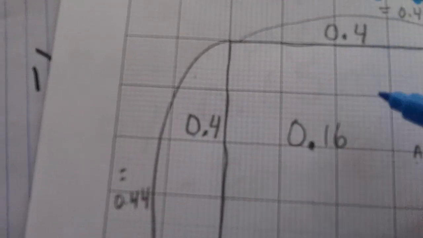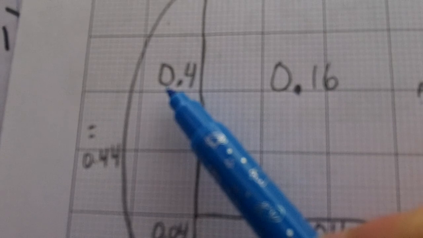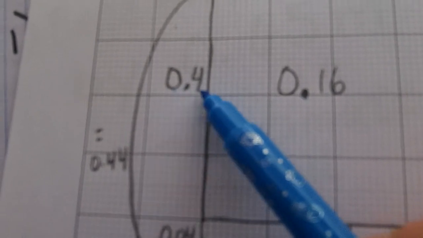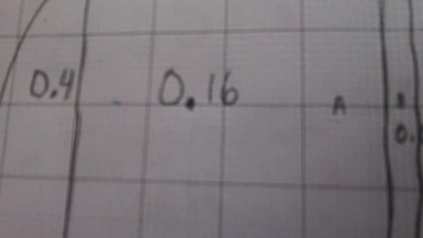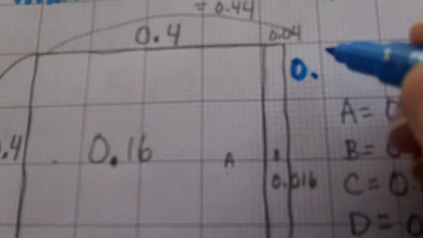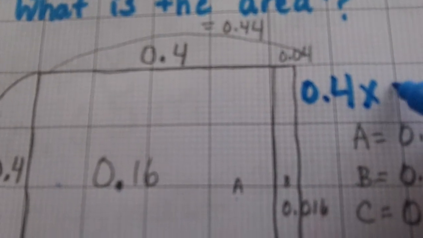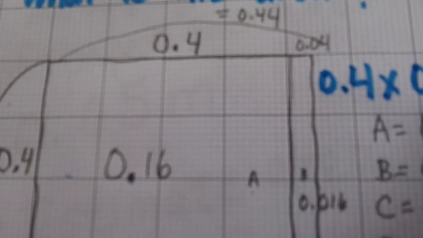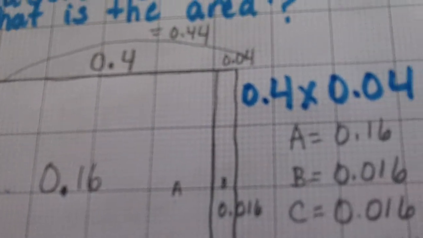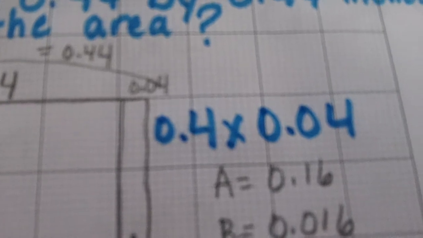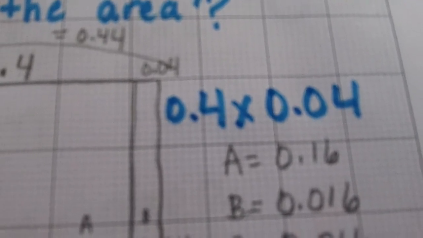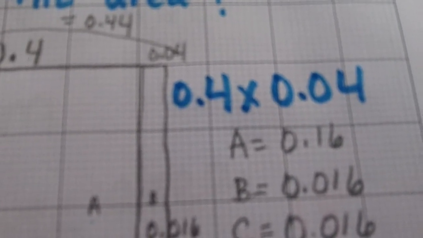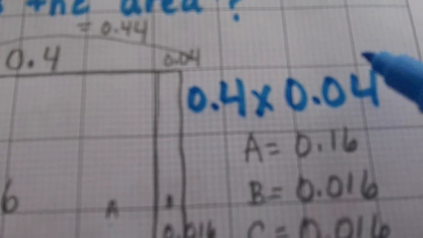Now let's go to box B. I have 0.4 times 0.04. So we know that the answer is going to be 16 again, but where is the decimal going to be?